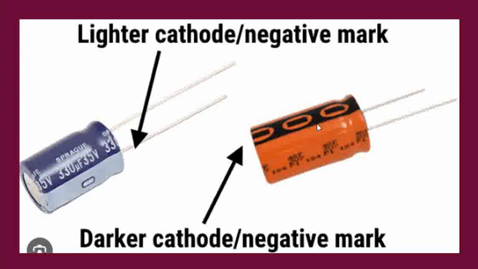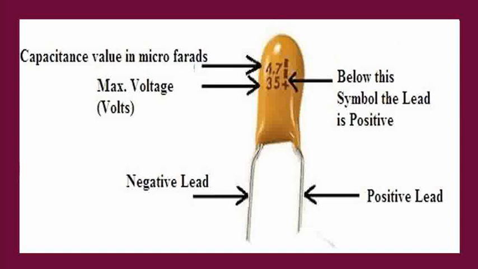It is better to identify by the marking on the body rather than the leads, because sometimes you cut the leads and are clueless. So always remember based on the marking, and it's very easy. Negative is directly identified here.